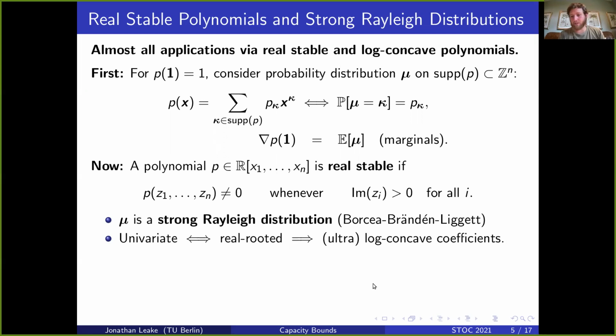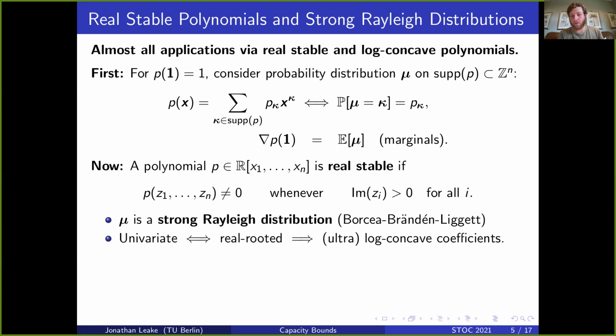But since it has real coefficients, it also has no roots in the lower half plane, because they come in conjugate pairs. And so in fact, all your roots have to be real. And there is a very old result called Newton's inequalities that says that the coefficient sequence of a real-rooted polynomial has a certain log concavity property. So this is maybe the first way that you might see log concavity in these polynomials.